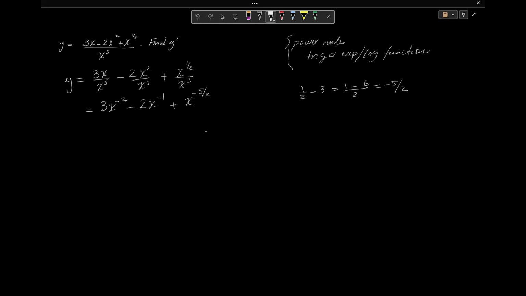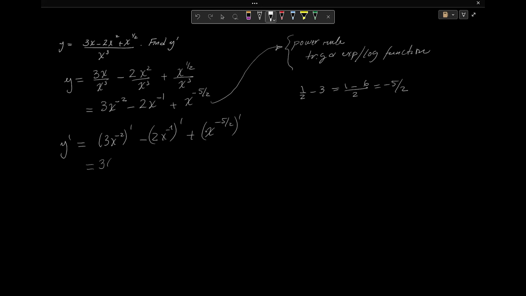So now we can take derivatives because now we put it in power rule format. So go ahead and now take the derivative of each term. The 3 comes along for the ride.